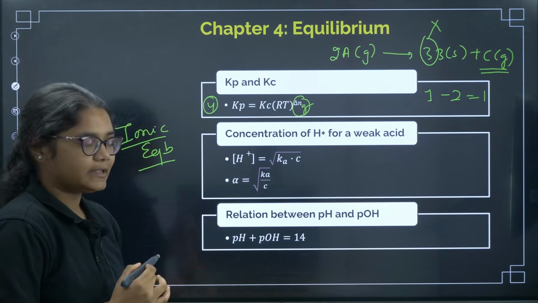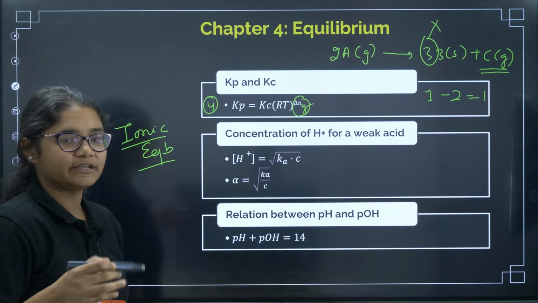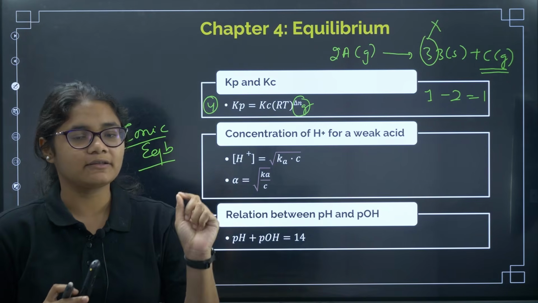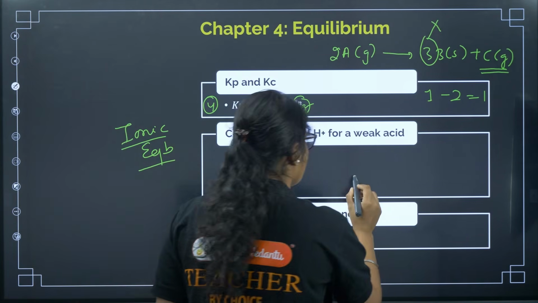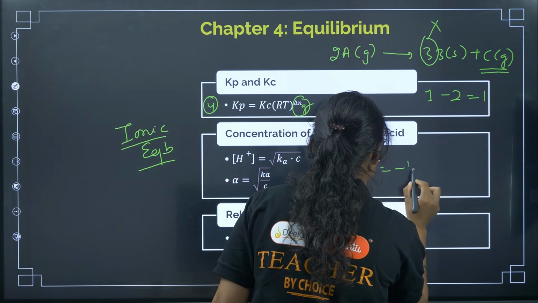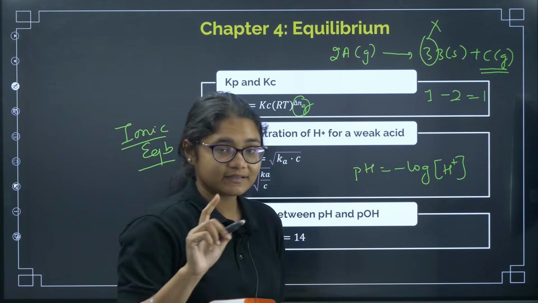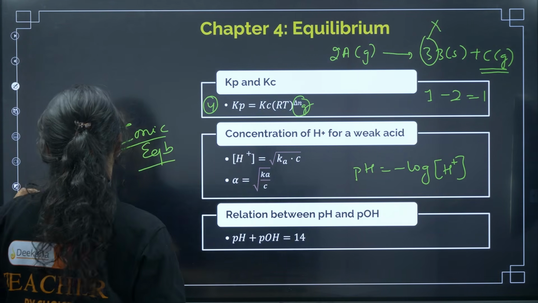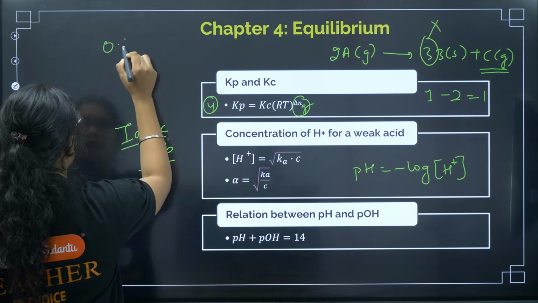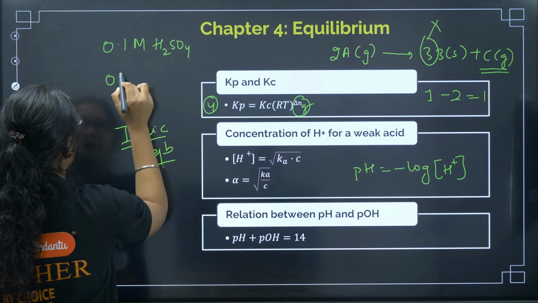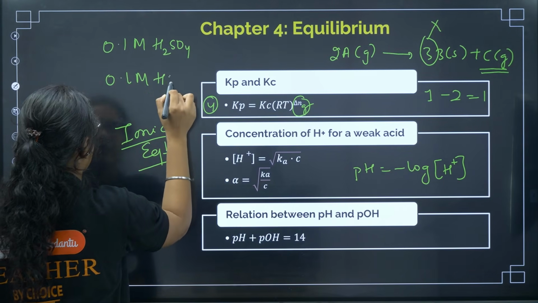So under ionic equilibrium, first is the calculation of pH. All of you know how to calculate pH: pH is equal to negative logarithm of H plus. Now this is important. For example, you are having 0.1 M H2SO4 and 0.1 M HCl.